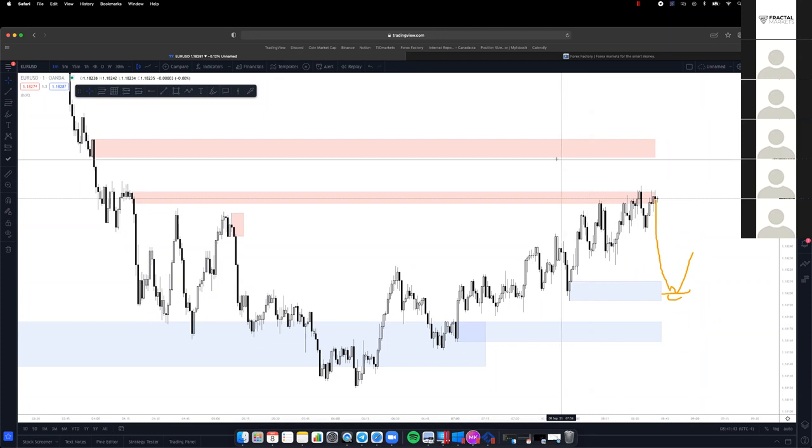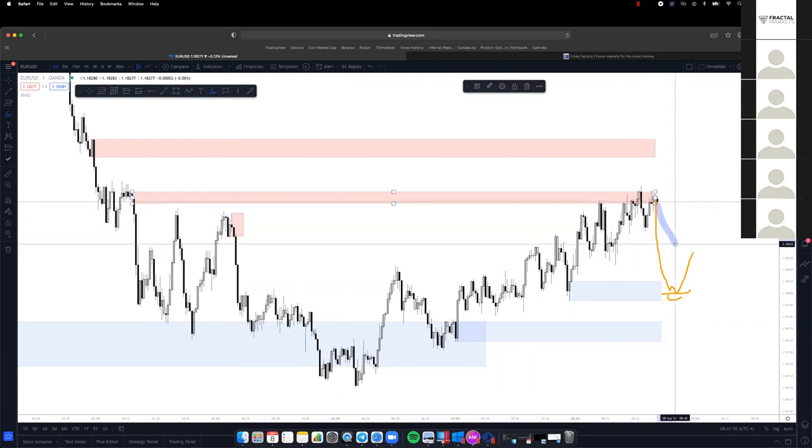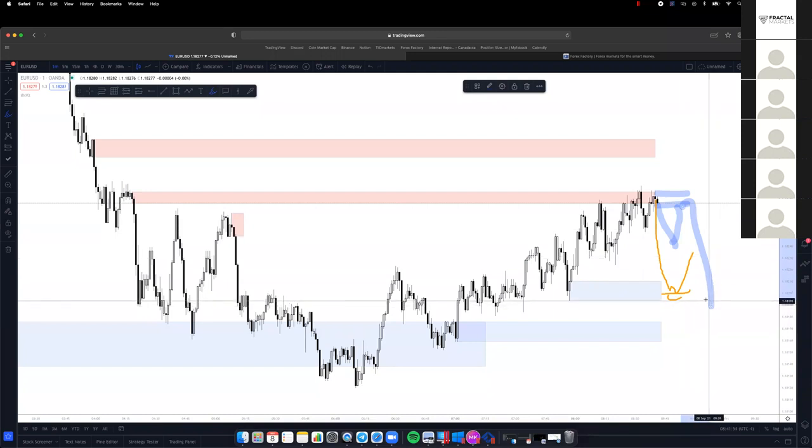Well, I mean, would you agree that if we break this structure point, you could technically take this, because this is all mitigated, I guess, technically. So yeah, your call.